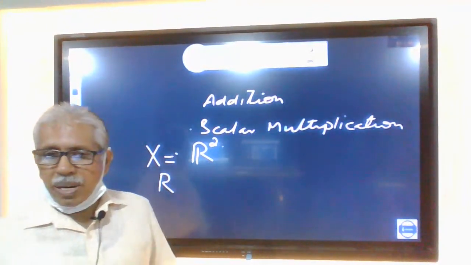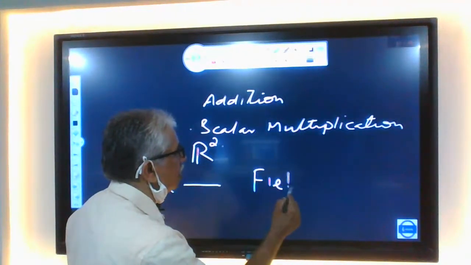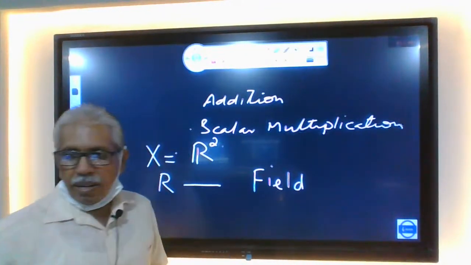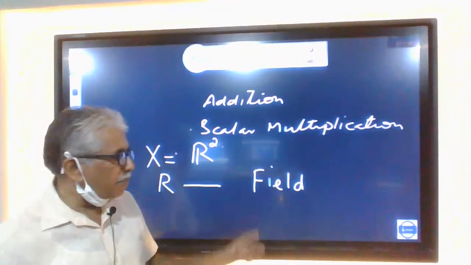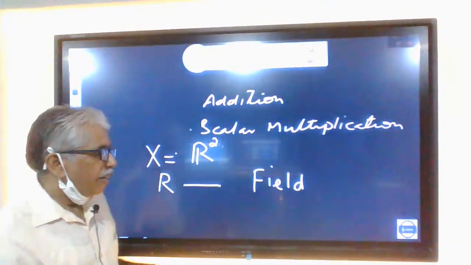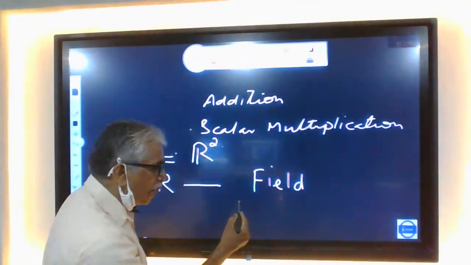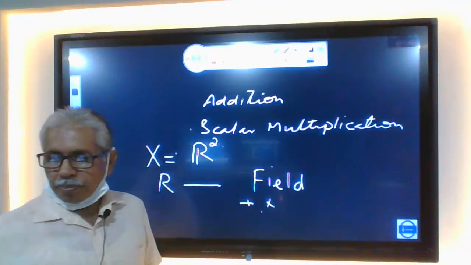And the set of real numbers is a field. Field you will study in classes in algebra. So field means there are two operations, addition and multiplication.